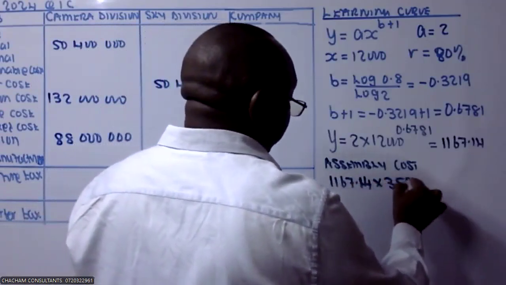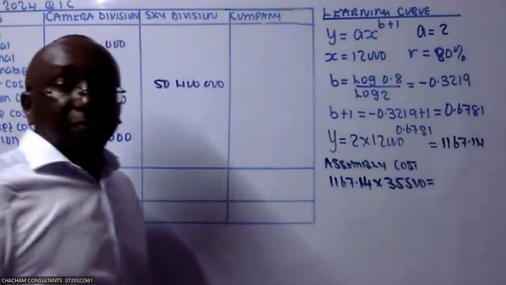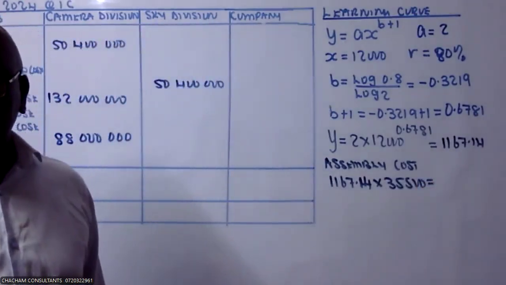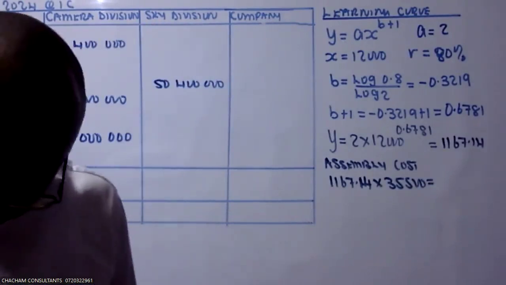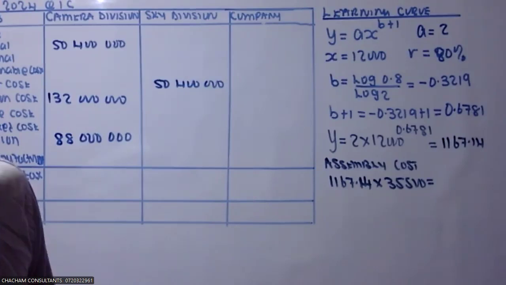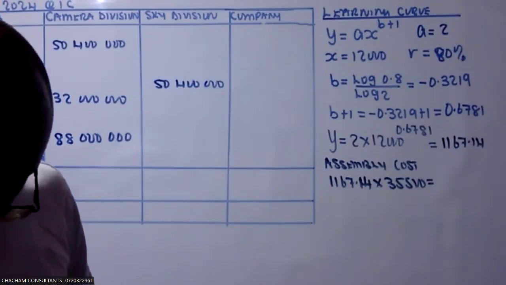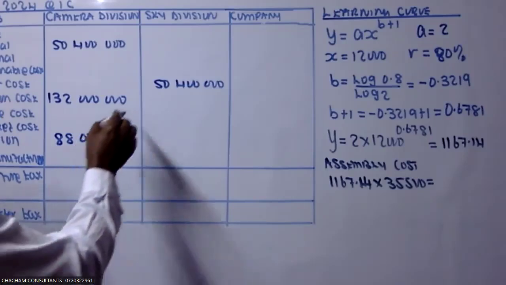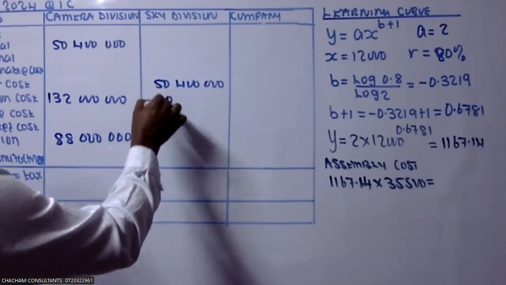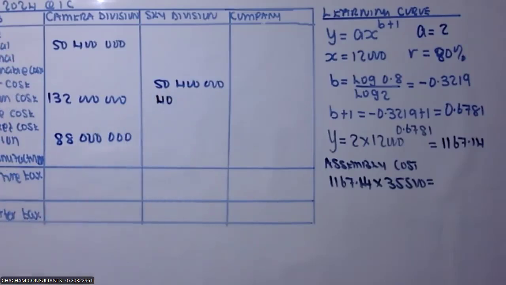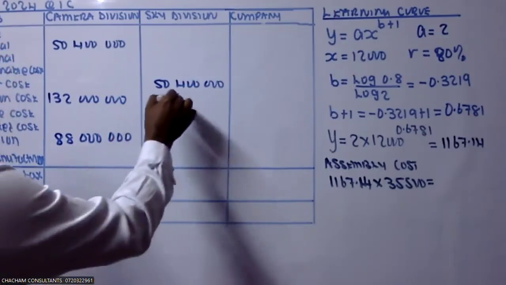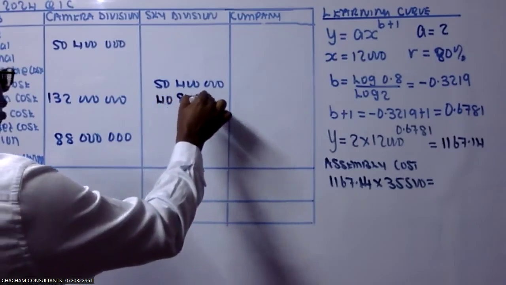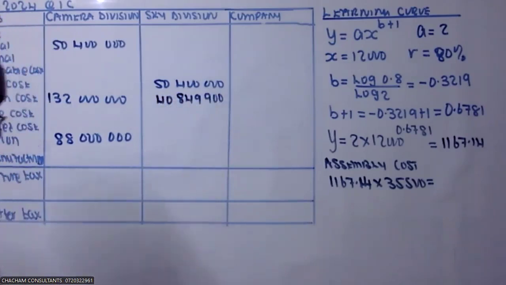times 35,500, because that is what we are told it is. So if you take your 1167.14 times 35,500, you should get 40,849,900. That is what you write here.